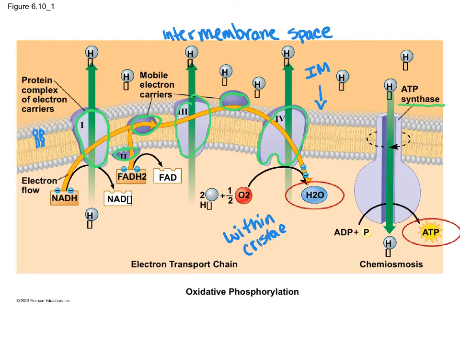Okay, so let's go back to the process and how this occurs. Let me go ahead and erase a bunch of this stuff that just makes the picture busier. It's already busy enough, right? So let's remember what the products were at the end of the citric acid cycle.